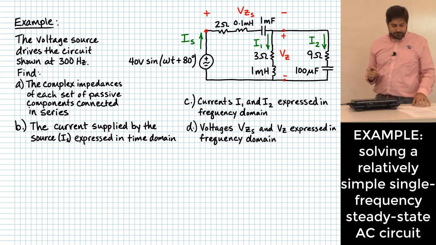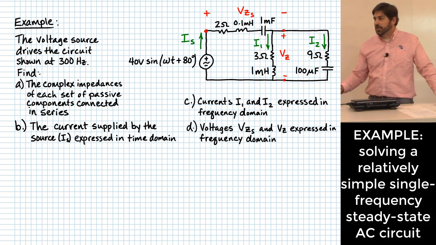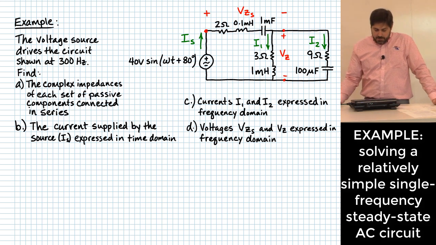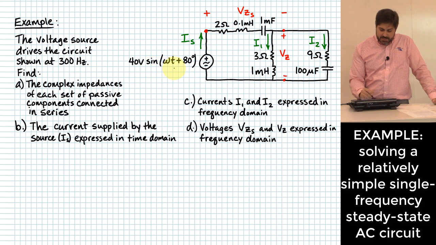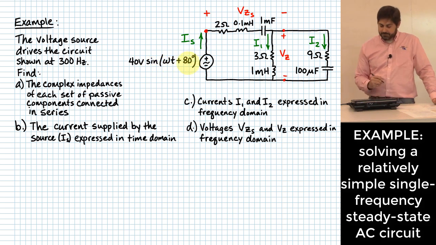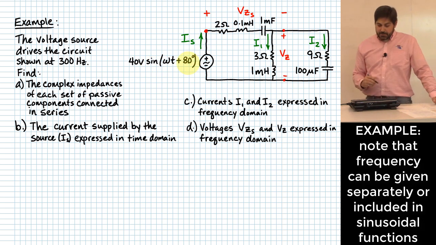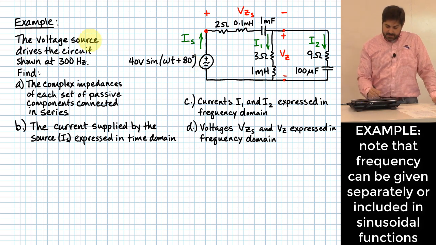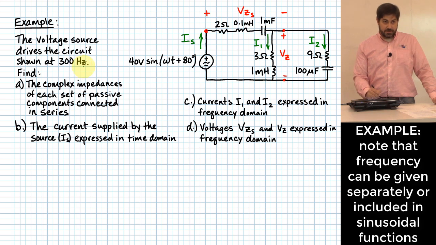All right? Here's the example problem that we are going to try to solve. Okay, with this one, we have a voltage source over here on the left that is given as 40 volts sine of omega t plus 80 degrees. Okay. Separately over here in the problem statement, it says that that voltage source drives this circuit at 300 hertz.